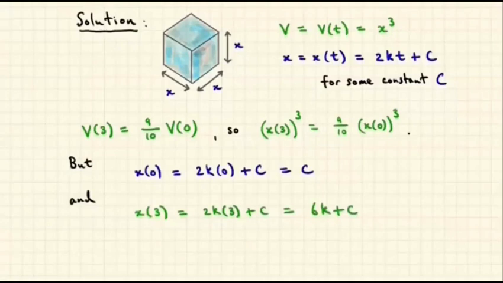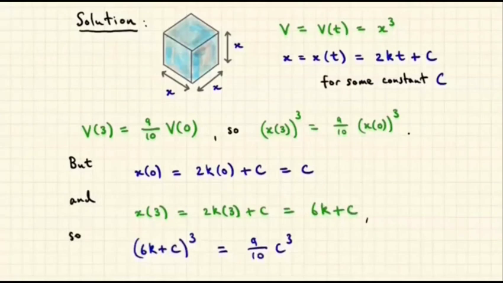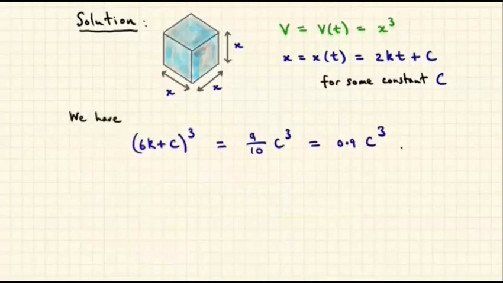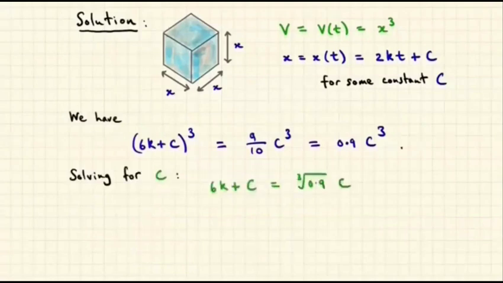Now solve for c by first taking cube roots to get 6k plus c equals the cube root of 0.9 times c. Some rearrangement gives finally c equals 6k divided by the cube root of 0.9 minus 1.